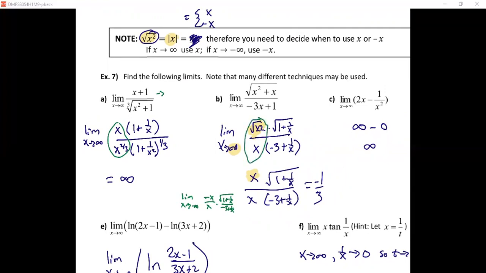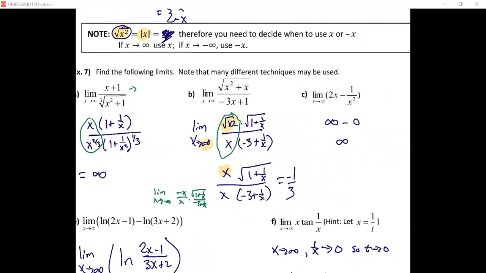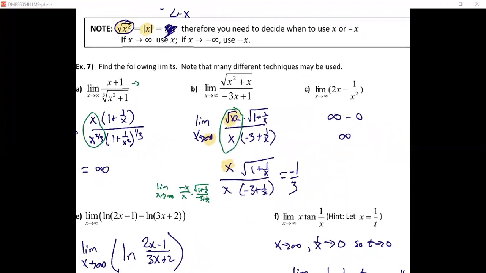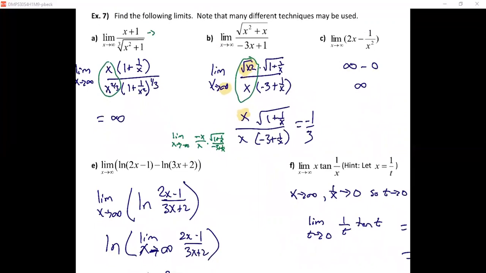In part B, the degree of the numerator is 1, the degree of the denominator is 1, so it made more sense to take out an x over x. But the x that we had to take out was kind of distinct as the square root of x squared. C, pretty straightforward.